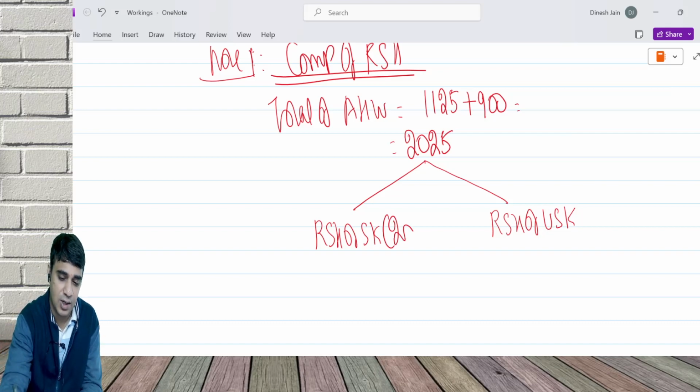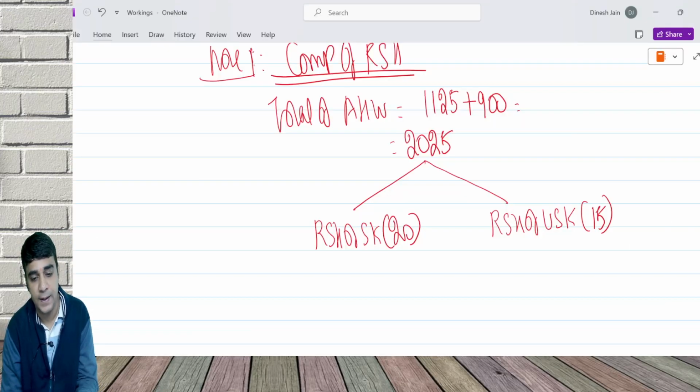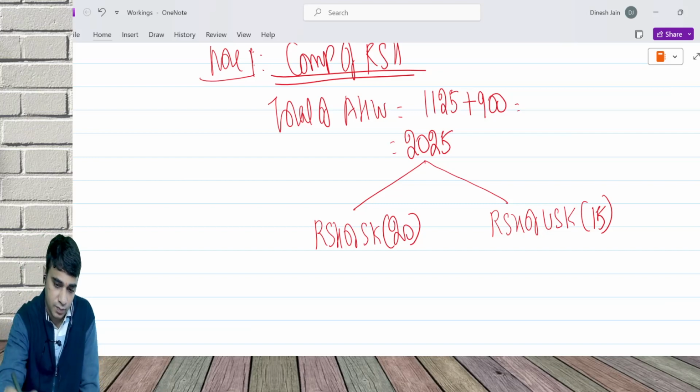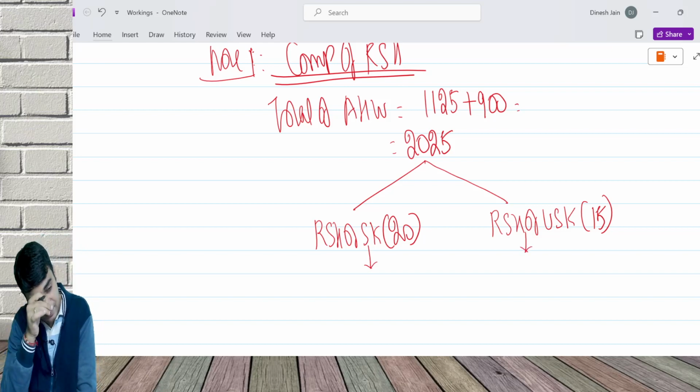I don't know why you guys are not participating. First line, a gang usually consists of 20 and 15. Split now. If you get in decimal, give me a 2 decimal answer.